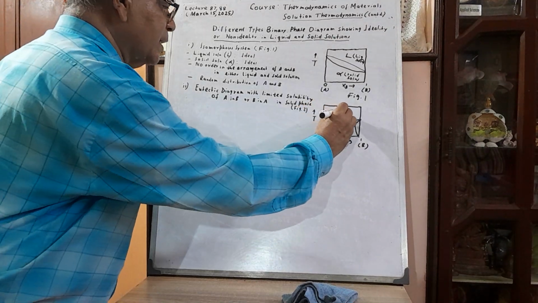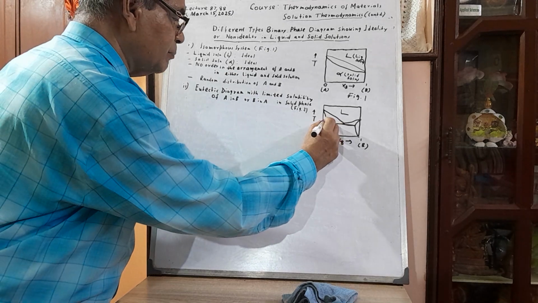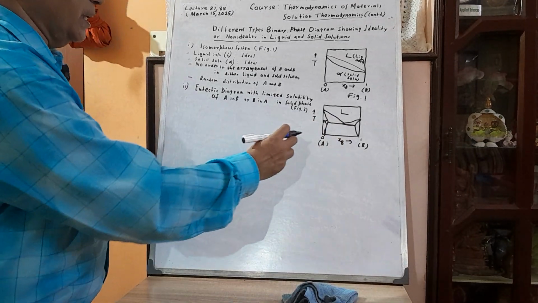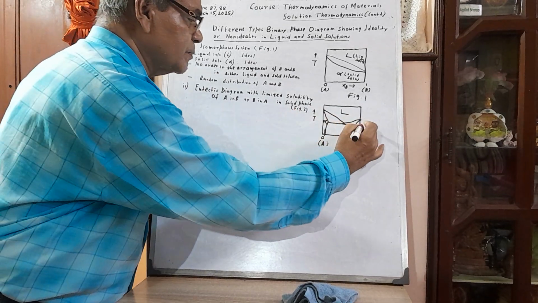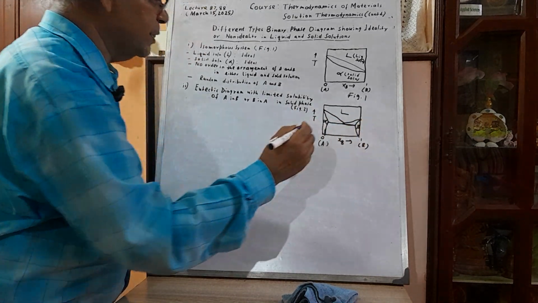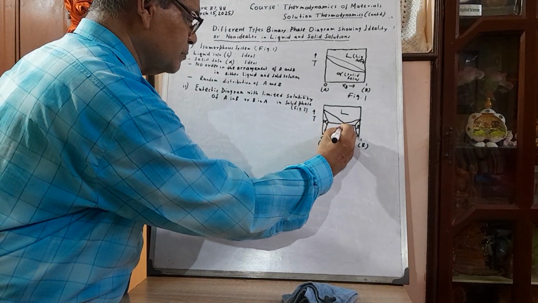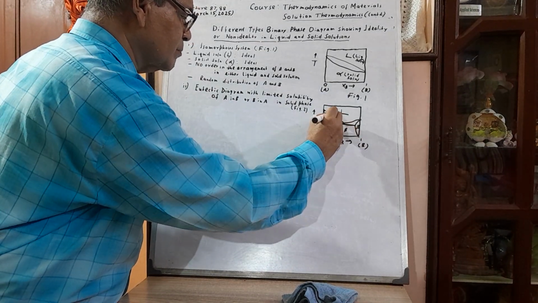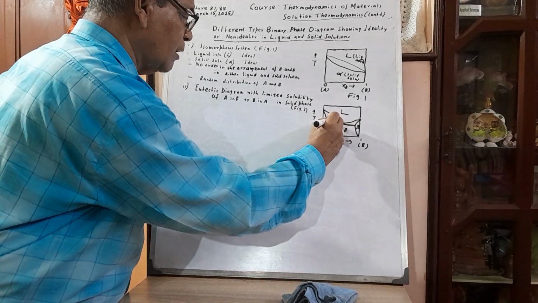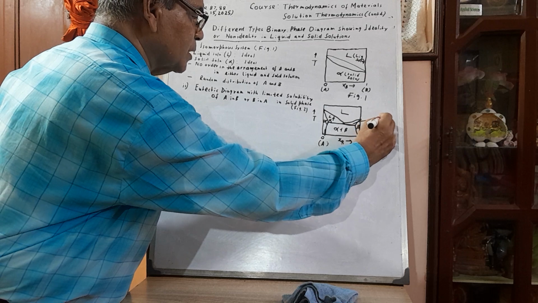This is again the liquid solution. This is the alpha phase, limited solubility of B in A, the A enriched phase. This is the beta phase. As you know, you have already read this in physical metallurgy. This is alpha plus beta, liquid plus alpha, and this is liquid plus beta.